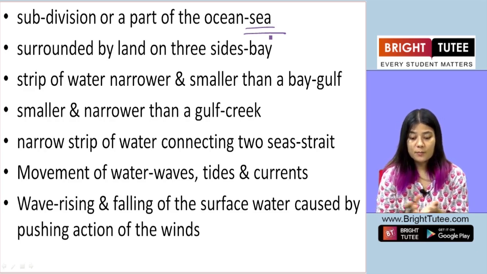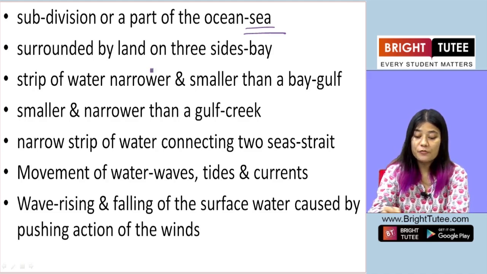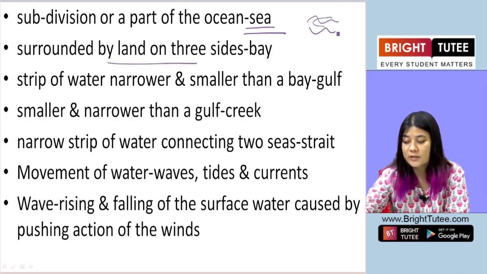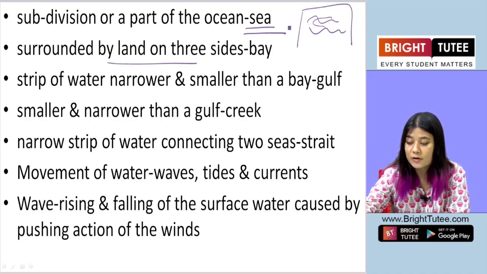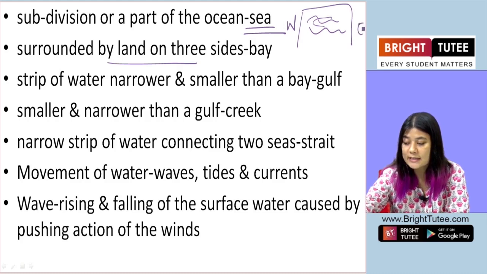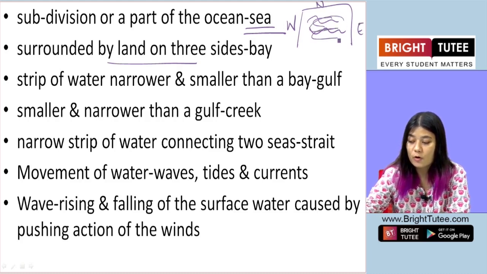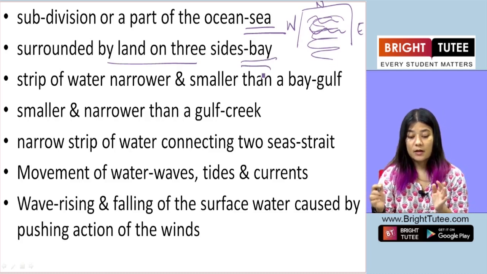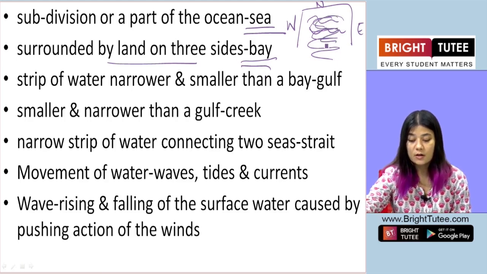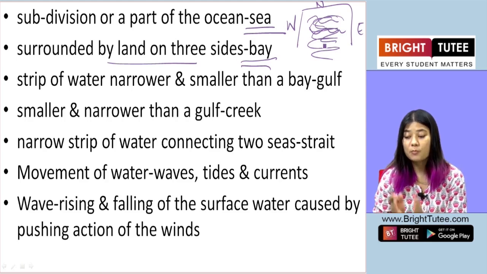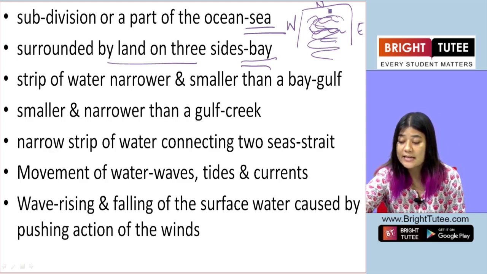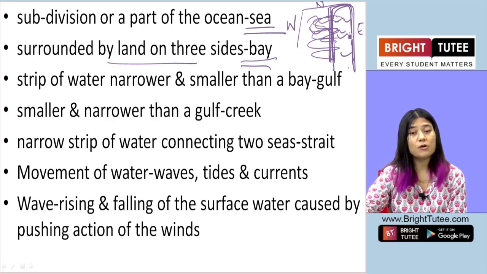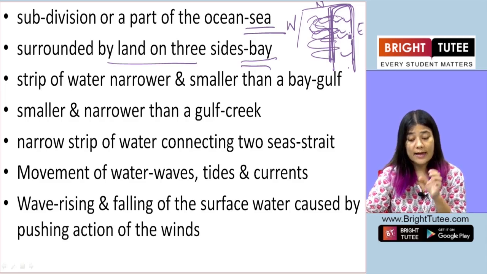Now if a water body is surrounded by land on 3 sides, so if there is a water body here and it is surrounded by land here in the west, in the east and in the north, then this water is called a bay. Now if this water narrows and becomes smaller than a bay, then it is no longer called a bay because it's narrow and very small.